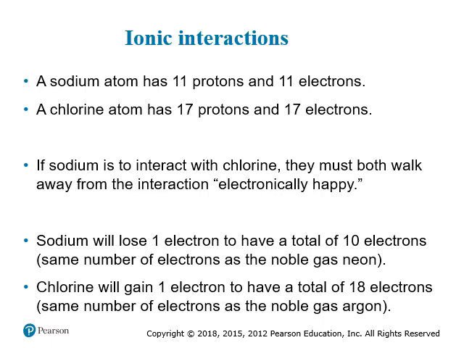So if chlorine is to participate in this interaction, it wants to gain one electron so that it has the same number of electrons as argon. Well, if you've got an atom that wants to lose one electron and an atom that wants to gain one electron, well, that kind of seems like a match made in heaven.